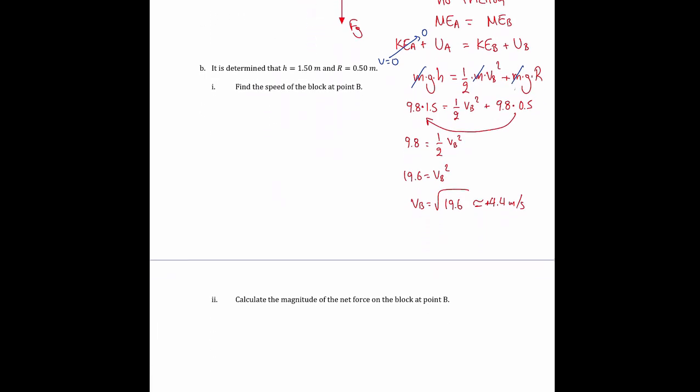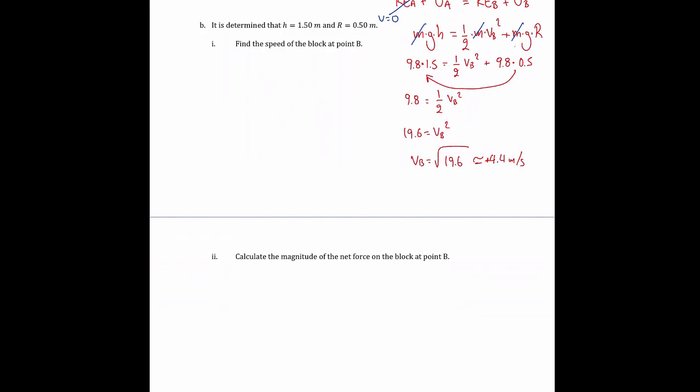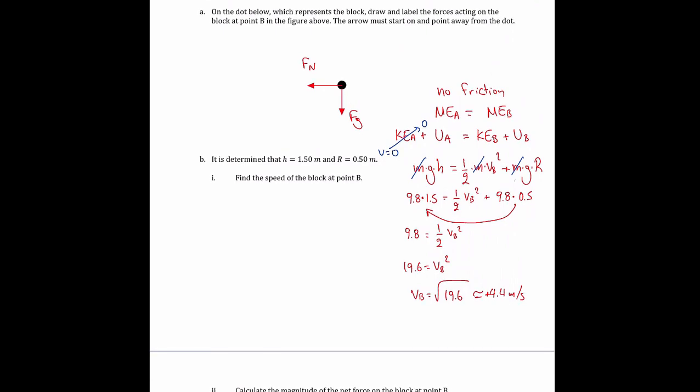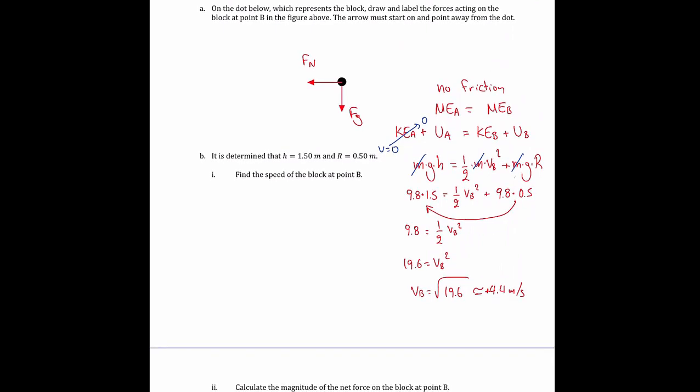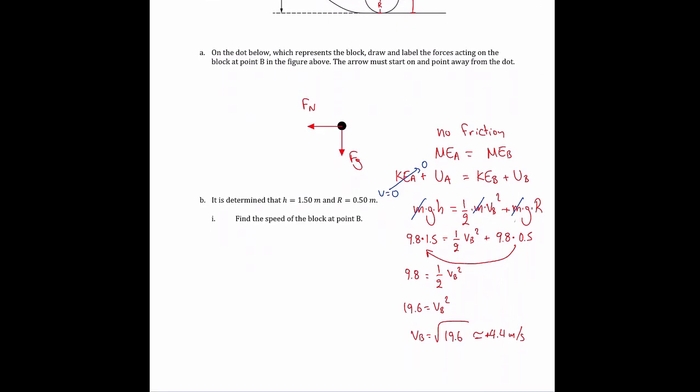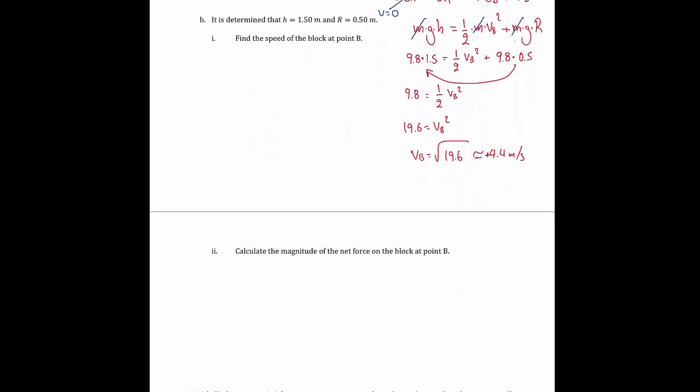We can continue to part B2, where we need to calculate the value of the net force at point B. Now, we know that at point B there are two forces, the force of gravity and the centripetal force.